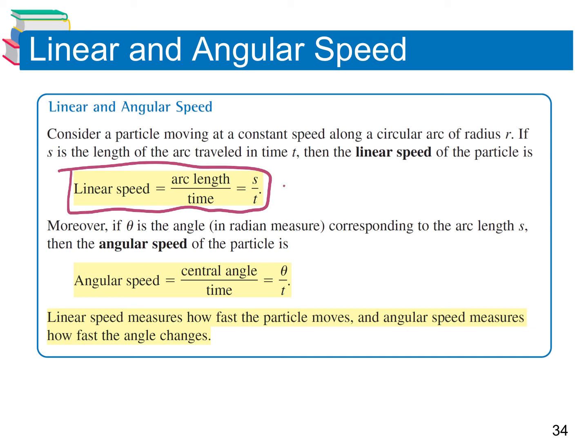So linear speed could also be measured as r times theta over time, because r times theta is the same thing as S. You also have your angular speed, which is how fast the angle changes, so that is theta over time. So your central angle divided by the time.